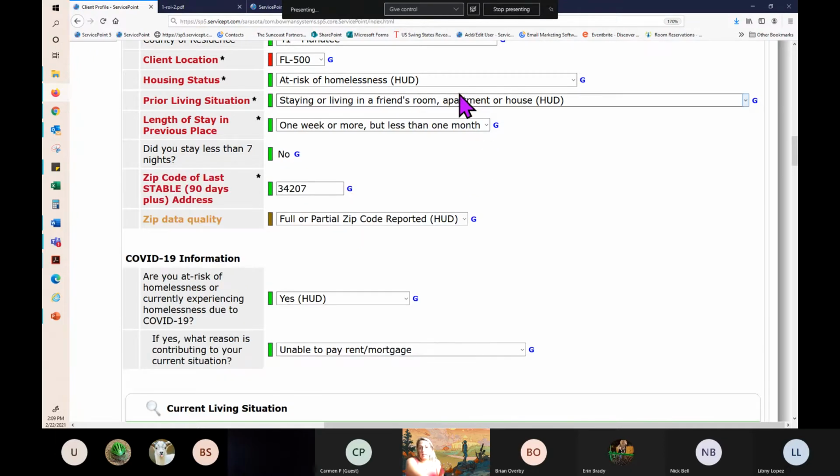This is not a client that is literally homeless in our continuum. So those are just a couple of the more tricky responses that I've seen that people have maybe a little bit of confusion about.